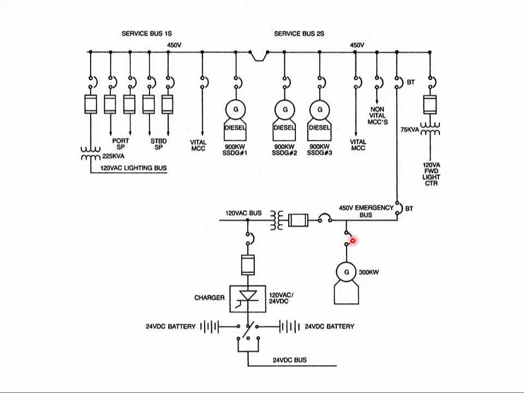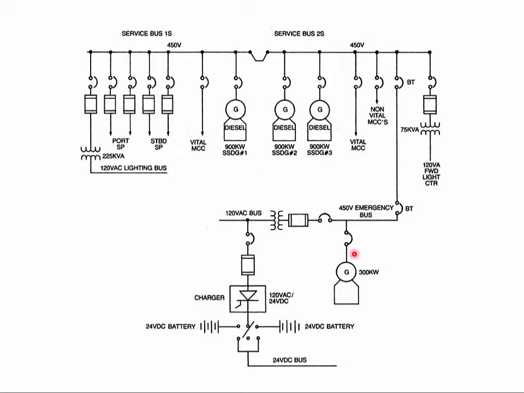So anyway, this disconnect breaker will open, the bus goes dead, then your bus tie closes again and re-energizes the emergency off the main switchboard. And this is all done automatically.